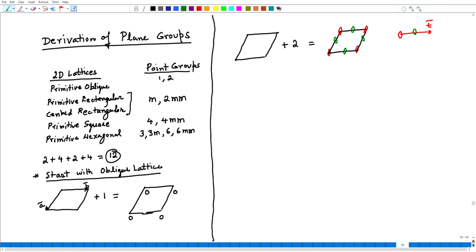Is there any other place some other symmetry may come up? Well, this is also a lattice translation vector, which means that I will get a two-fold in the center of the diagonal. So, I will get a two-fold here as well. So, by adding this two-fold symmetry, we end up generating many other rotational symmetries around. And if I put the motif, let me draw that in a different diagram, otherwise it will get cluttered.